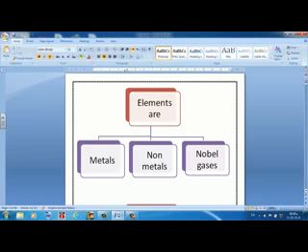And here we have the graphic organizer that shows elements and their classifications. So we have to study each one: metals, nonmetals, and noble gases.